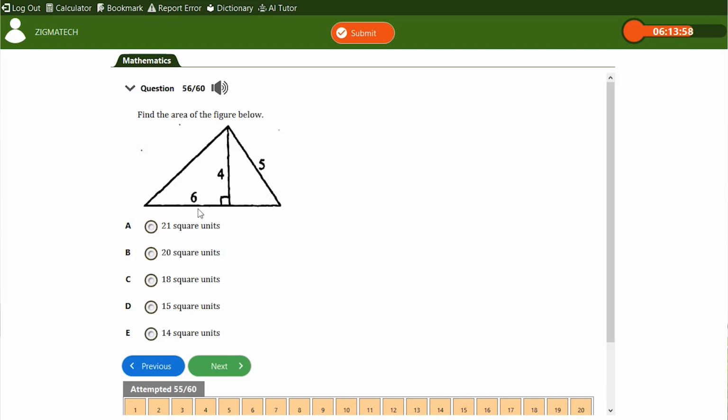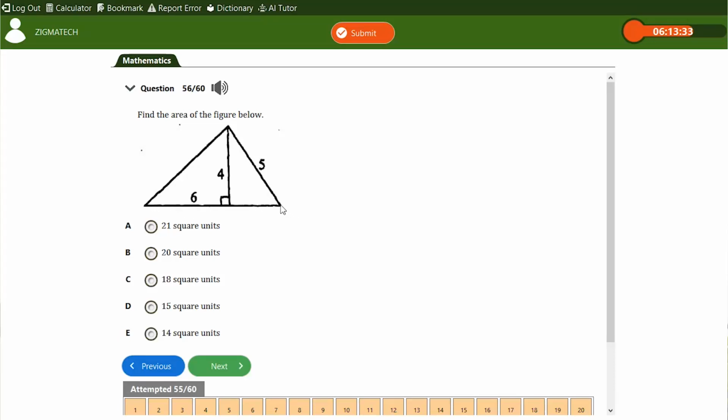Now, what we have to do is know the base of this triangle. We have 6 in this side, but this other side, just look at the screen, there is nothing given there, but the base is the whole of this side. So we need to know what this is, so that we can add it to 6 to give us the entire base.